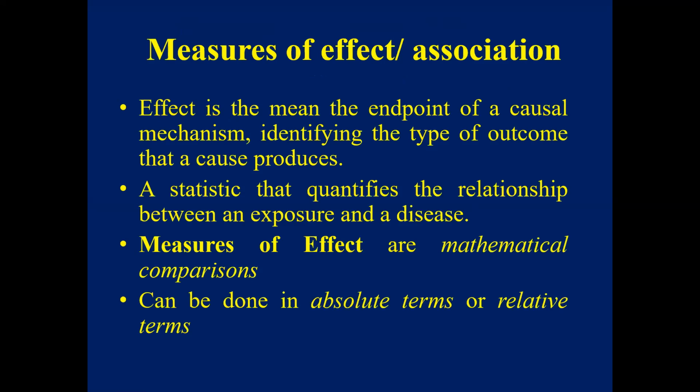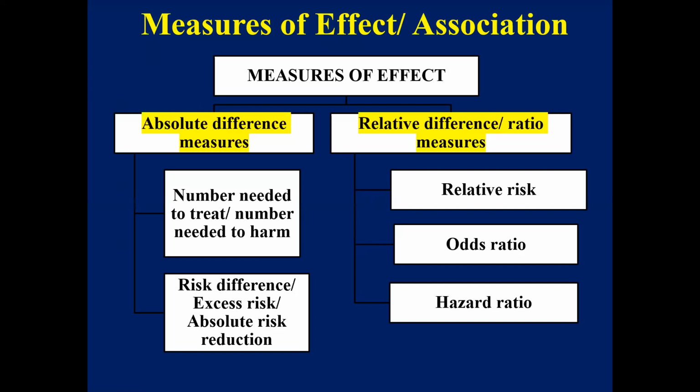Then in measures of effect or association, as I told you earlier, we try to identify the risk factors and quantify the relationship between the exposure and the disease by making a mathematical comparison. We have different measures of effect. Of the frequency measures, I'll mostly talk about incidence and prevalence today, and in measures of effect, relative risk and odds ratio.